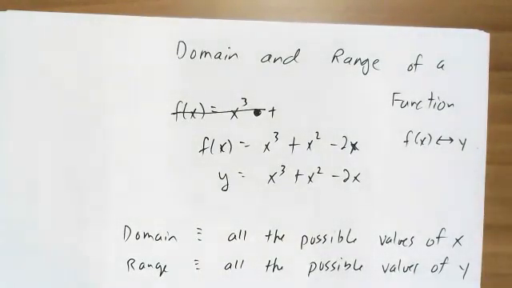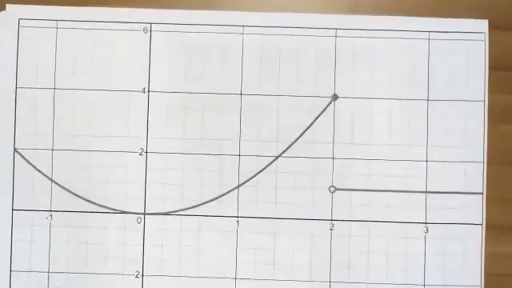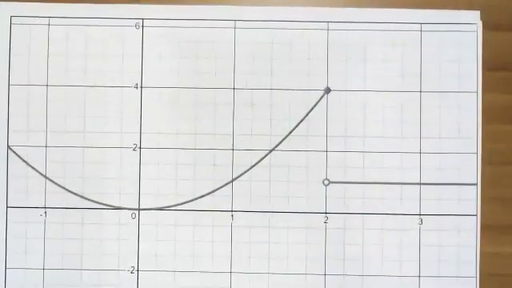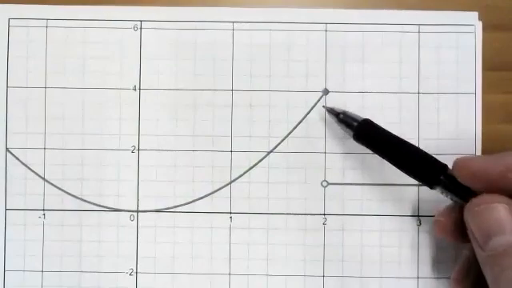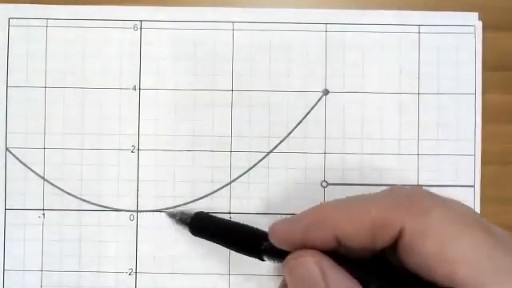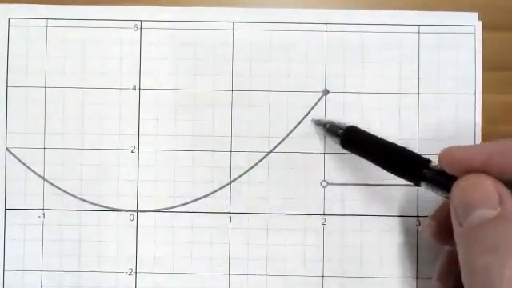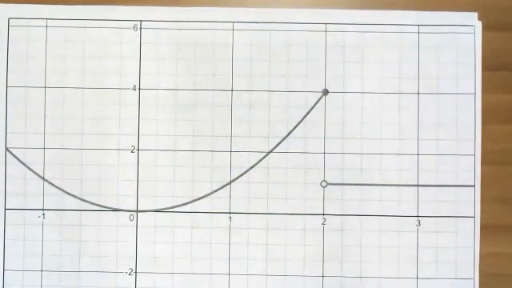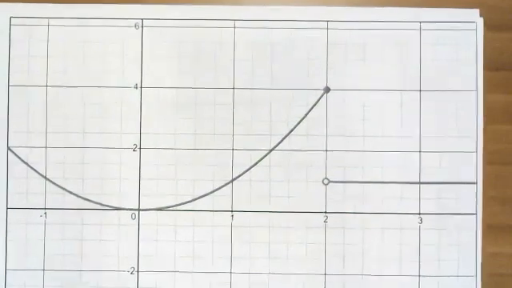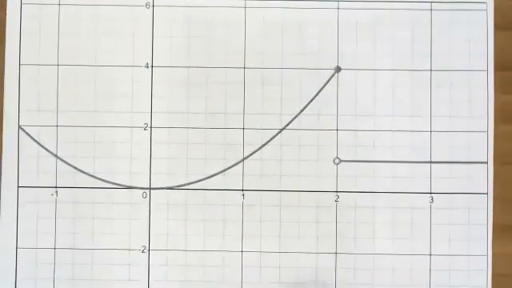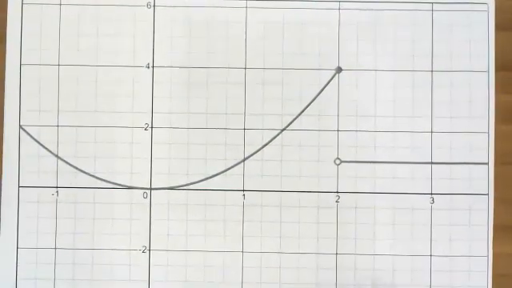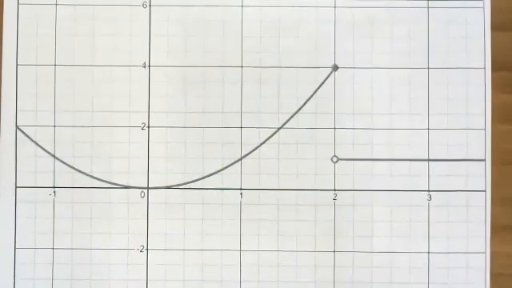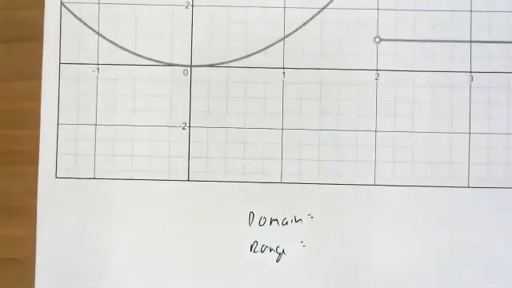This next one is very similar, but there actually is a break or a gap. If you look closely, if you think about values of x, you go here, it jumps down here and keeps going. So there's a break or a gap, but the question is, how does that affect the domain and range?